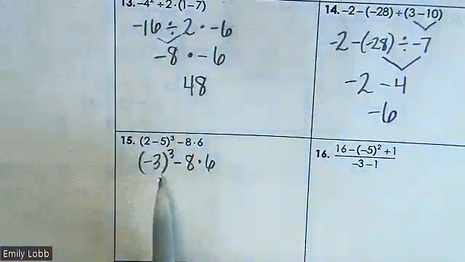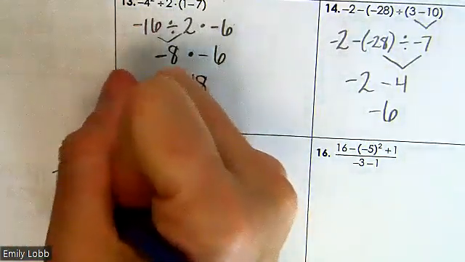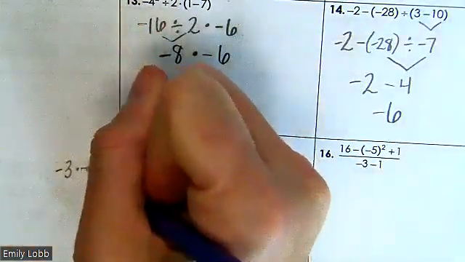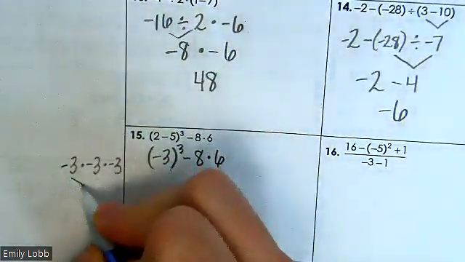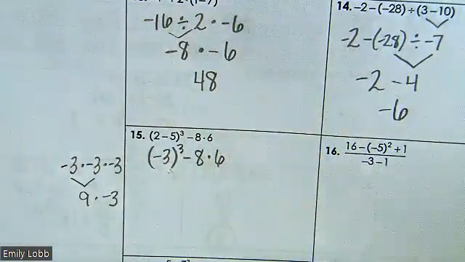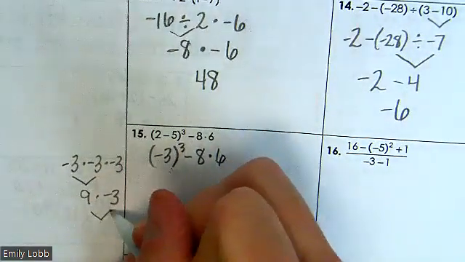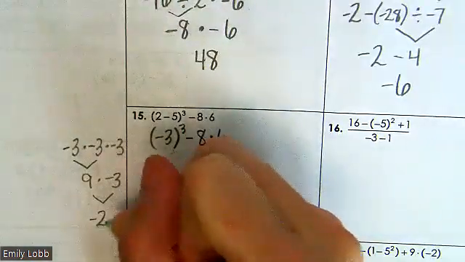So what factor do I have 3 times? I have -3, right? -3 times -3 times -3. This is 9 times -3, which is what? -27.